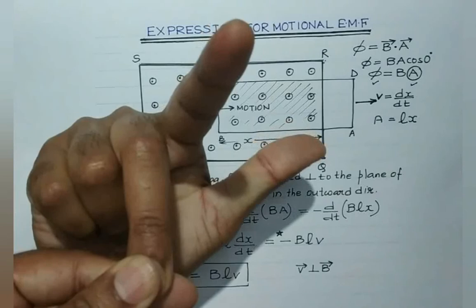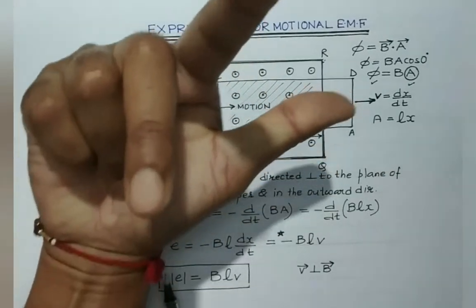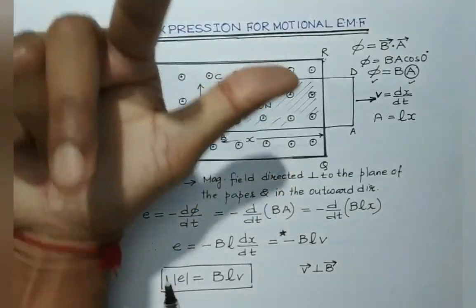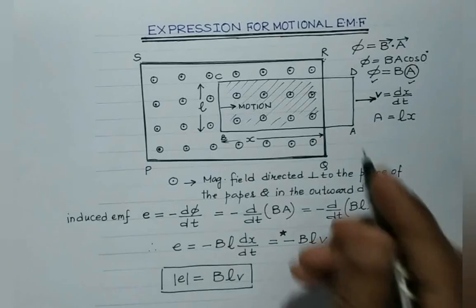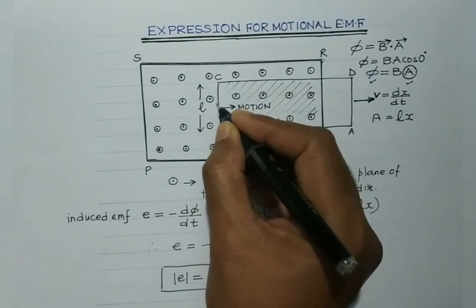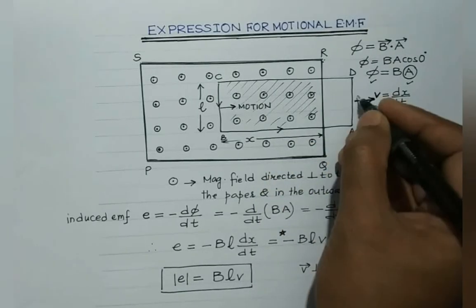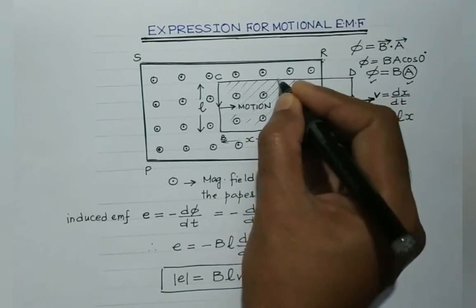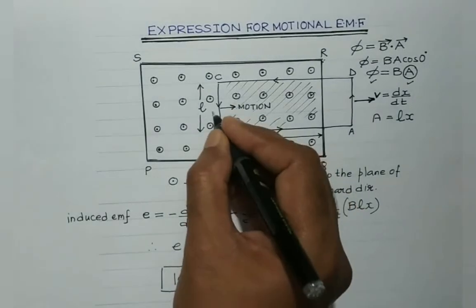So this finger, which is the central finger, gives the direction of the induced current, which will be from C to B. So the direction of the induced current in this loop would be in the anti-clockwise direction, like this. So this is the direction of the induced current.